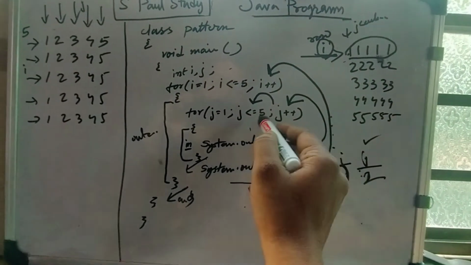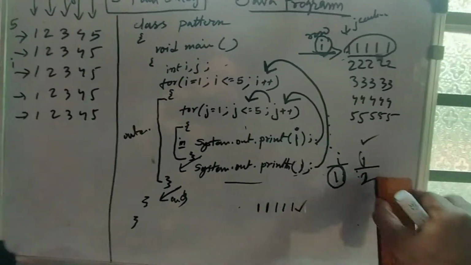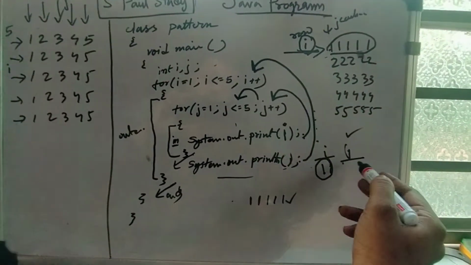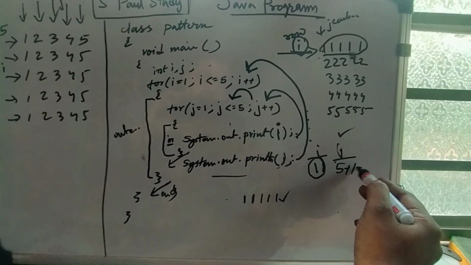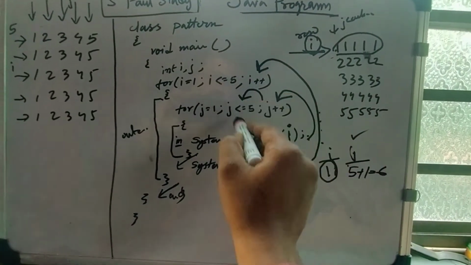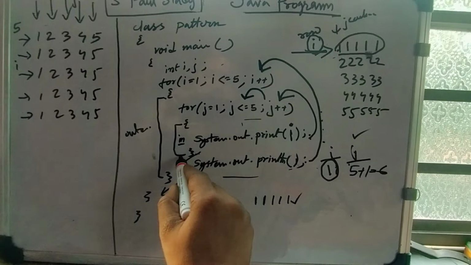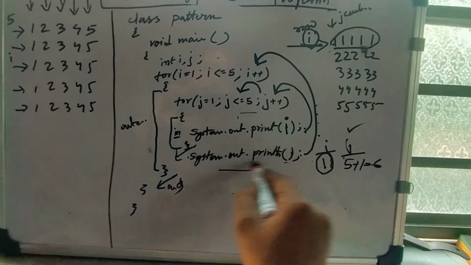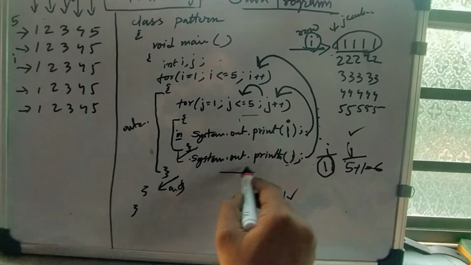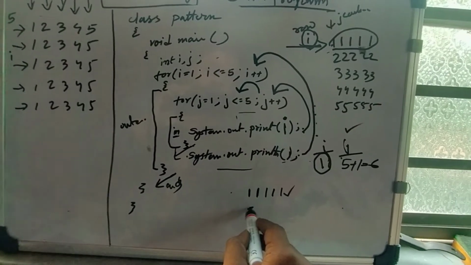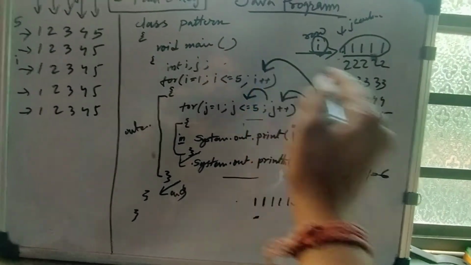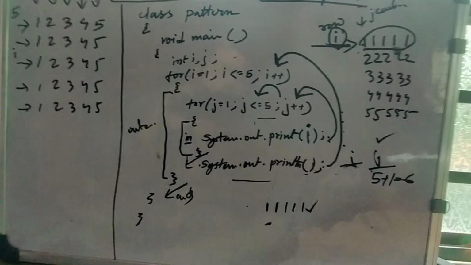Now j was 5, increased by 1, and now j is 6. 6 doesn't match this condition, the inner loop ends, and System.out.println moves to the next line. Now I is increased by 1, so I is now 2.